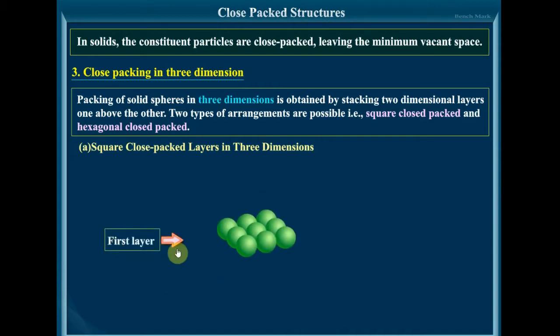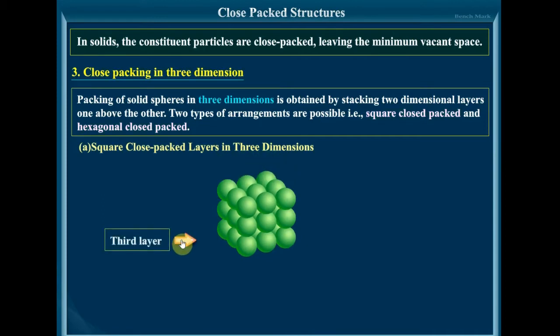In the second layer, the spheres are placed one above the other. The third layer also is aligned one over the other. The fourth layer again is aligned with the first, second, and third, all one above the other.